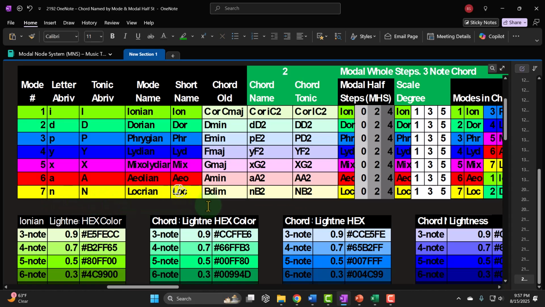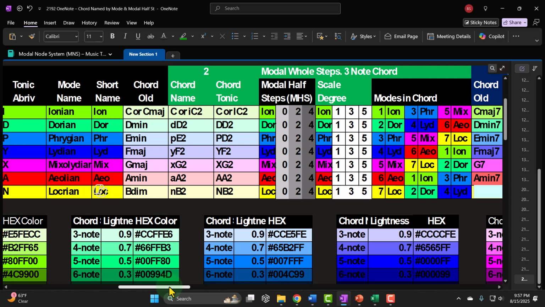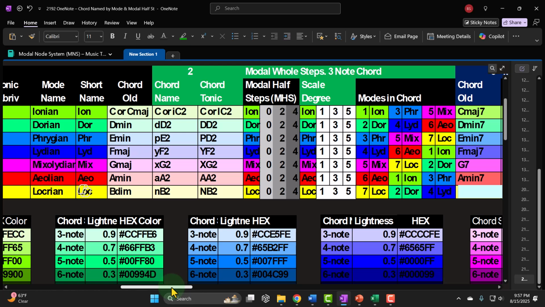I'm going to say, okay, so this is going to be a B diminished. So we have this diminished, which is a whole other term that we had to kind of come up with. We talked about it before, but it would be easier to just call it a Locrian B2 chord, or just a Locrian 2 modal whole steps, or a 3-note Locrian. The 2 represents modal whole steps from the root note. 2 times 2 is 4, meaning the last note would be 4 modal half steps up, plus 1 would be 5 scale degrees up.